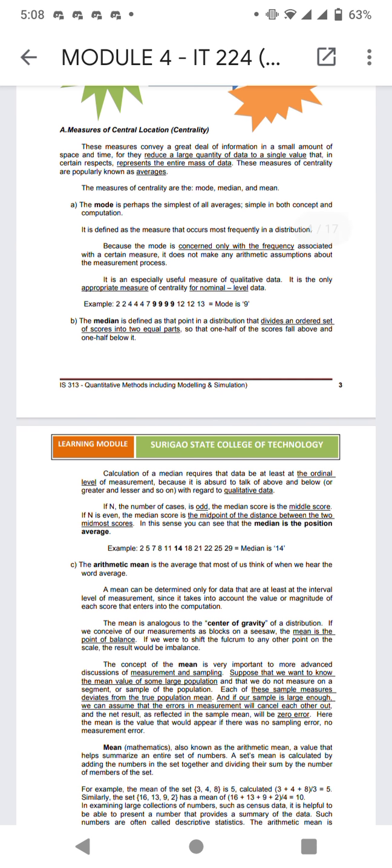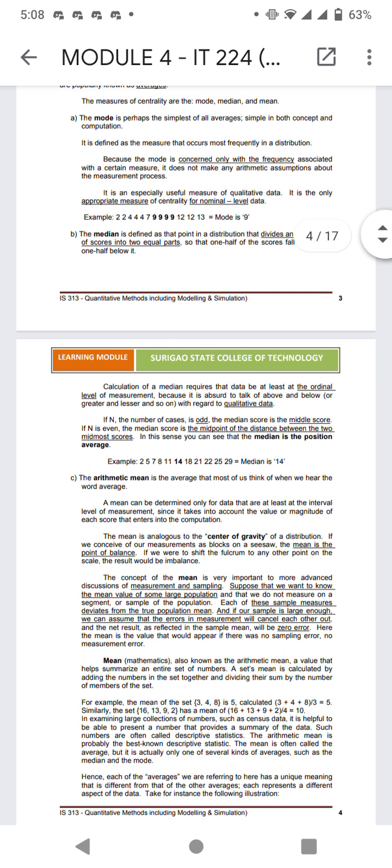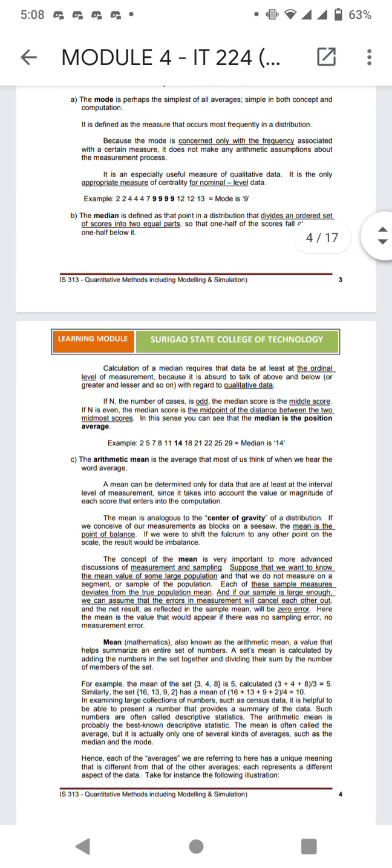Next is the median, which is defined as the point in the distribution that divides an ordered set of scores into two equal parts, so that one half of the scores fall above and one half below it. It is the center part of your data.